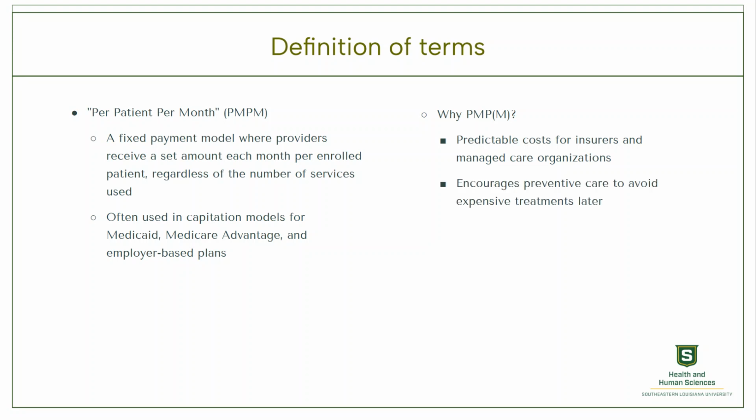What PMPM does is encourage preventive care, because more expensive treatments may require more referrals and more healthcare provision for just this singular patient. It's easier and much cheaper to offer preventive care than secondary or tertiary care.